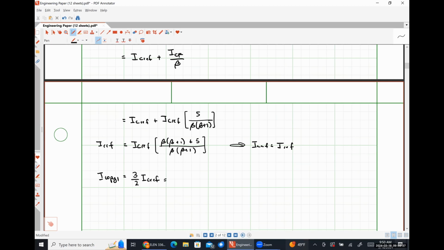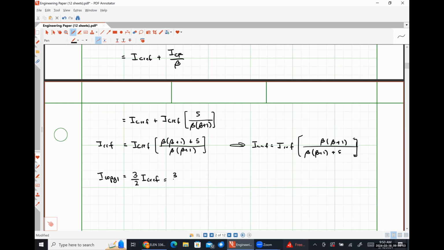ICREF could be expressed as IREF times the reciprocal there. So, times beta plus 1 over beta plus 1 plus 5, like so.